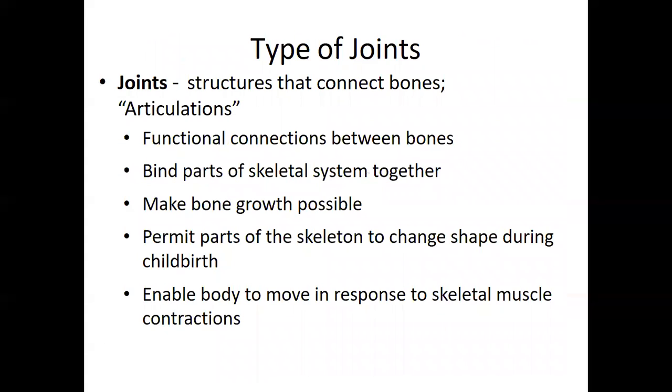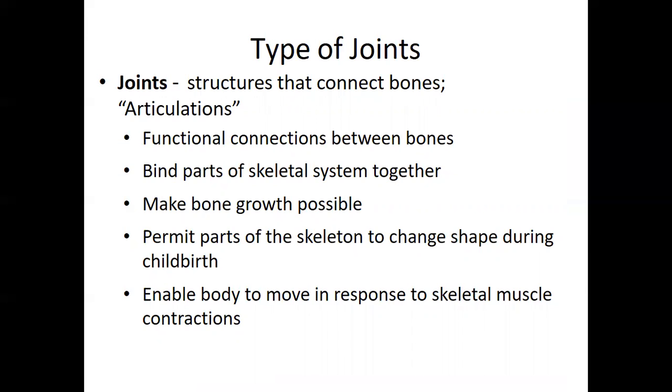When you're talking about joints, remember that joints are the locations where two bones meet. That is the definition of a joint. It is the place where two bones meet or two bones articulate. When we say that bones articulate, we're basically saying that the end of one bone is connecting with the end of another bone. That's it.